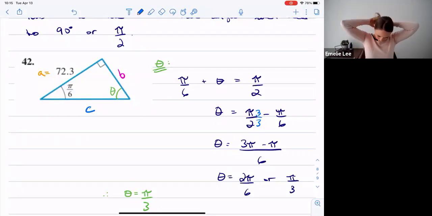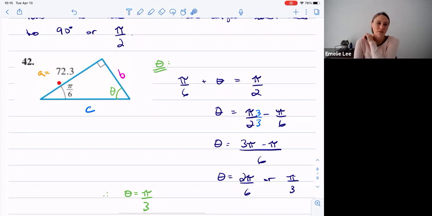Okay. So what we can do is we can say, okay, well, right, and I'm just naming these so that I can refer to the specific sides. Instead of calling this the opposite of pi over 6, I can just call it B, right? And so B is the opposite of pi over 6, and the adjacent of pi over 6 is 72.3. Okay.